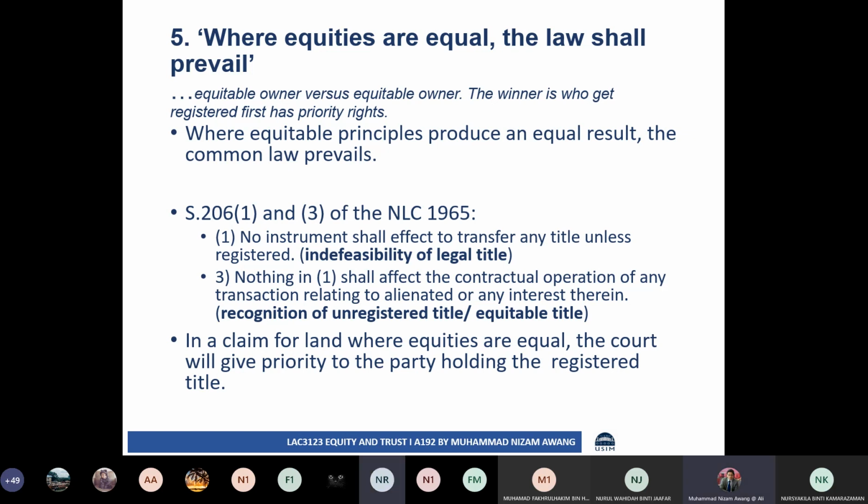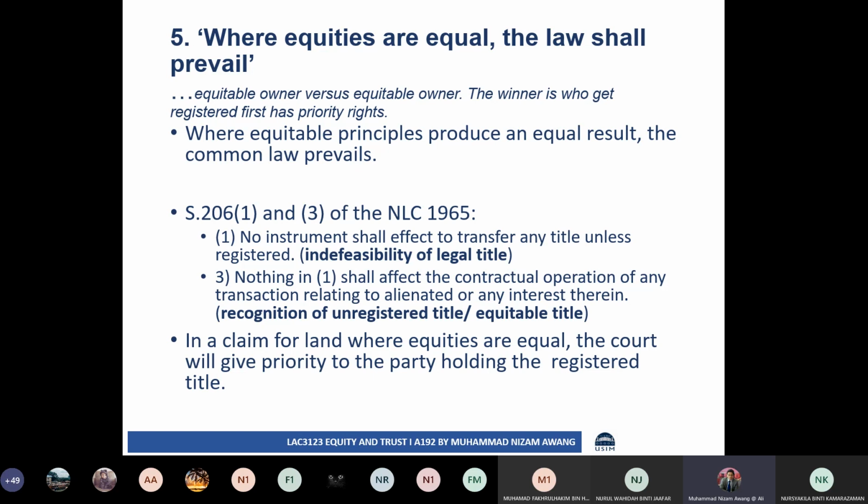So basically, the basic principle is, if you register your title, you have indefeasible legal title. That's the basic principle. But if there is a contract, the contract will override, the contract will prevail over clause 1. Meaning that you have to follow the terms and conditions of the contract.